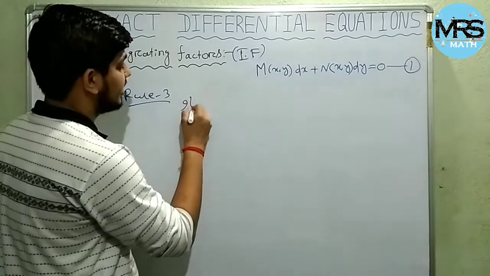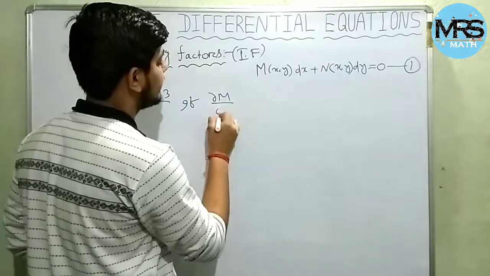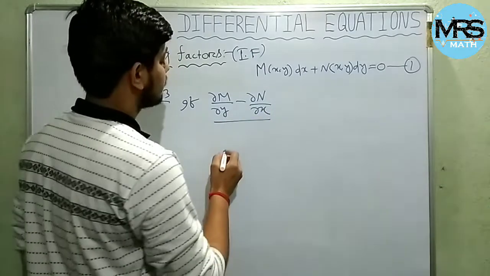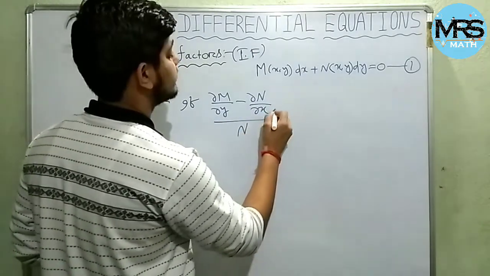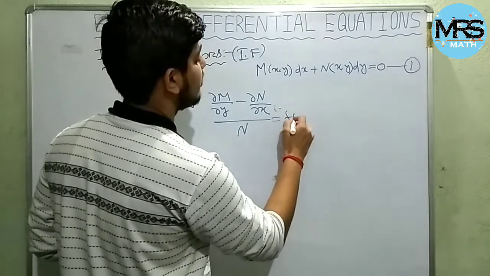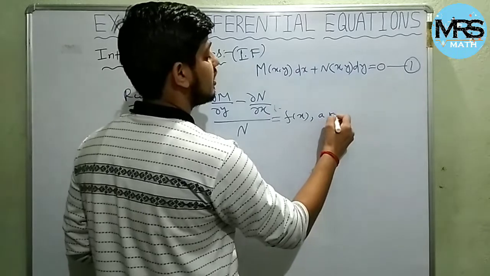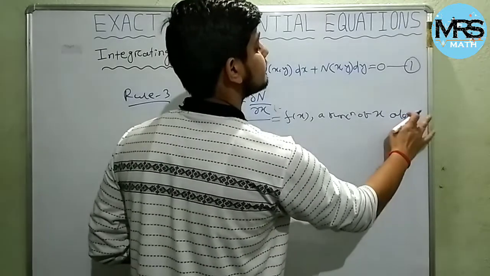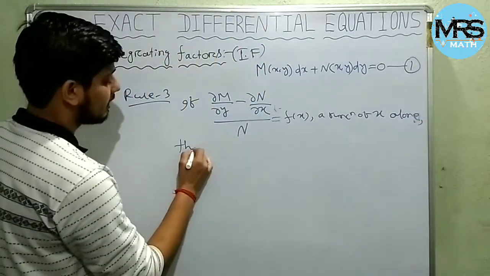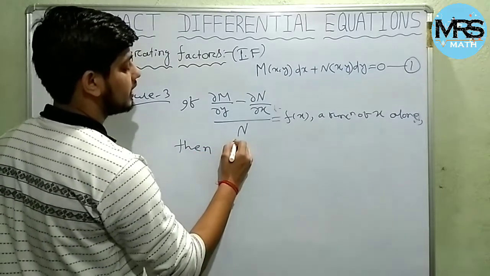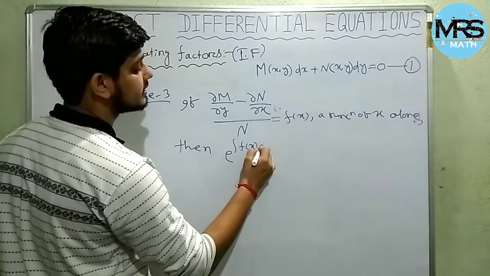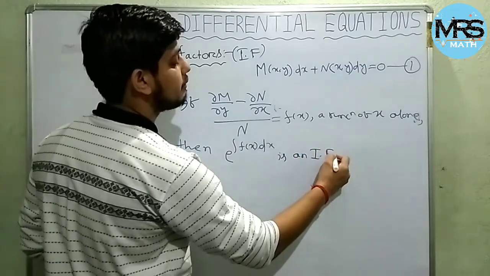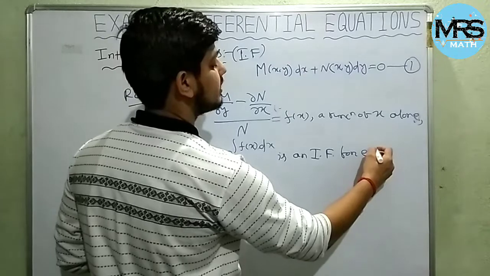So if del m by del y minus del n by del x, over n, is equal to f of x, a function of x alone, then e to the power integration of f of x dx is an integrating factor for equation 1.